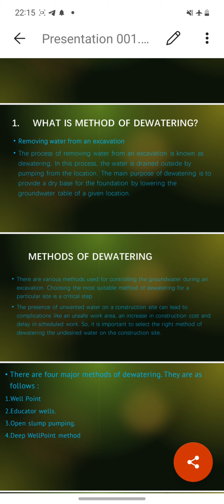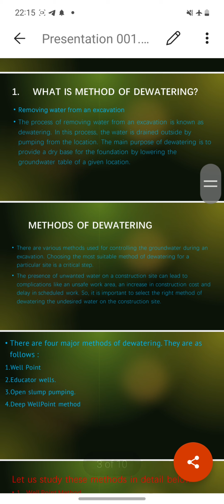and the presence of unwanted water on a construction site can lead to complications like an unsafe work area, an increase in construction cost, and delay in scheduled work.